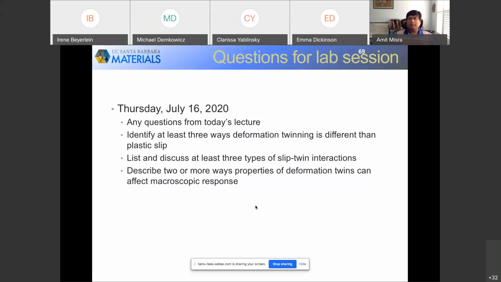Yes, they have. People have actually used that to determine when a twin will form. If you want to know something about the type and variant, you would need something like more of a microstructural framework.